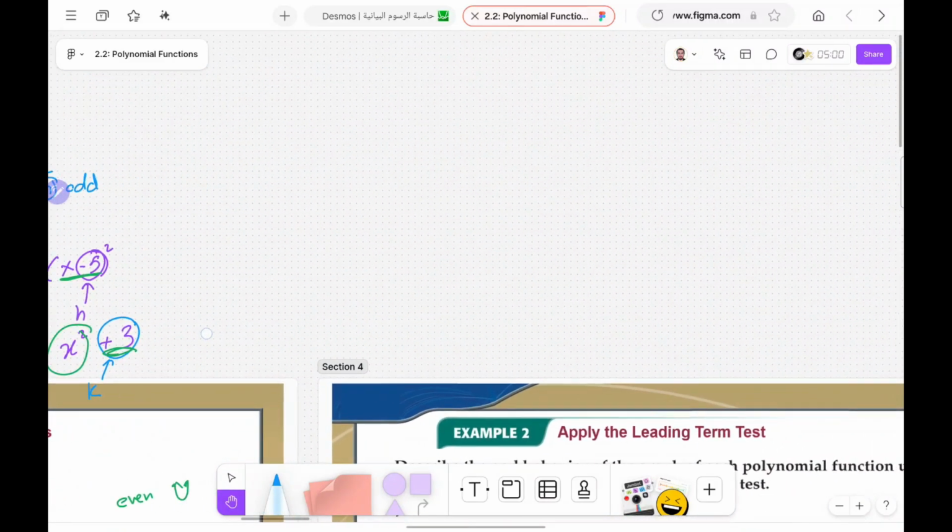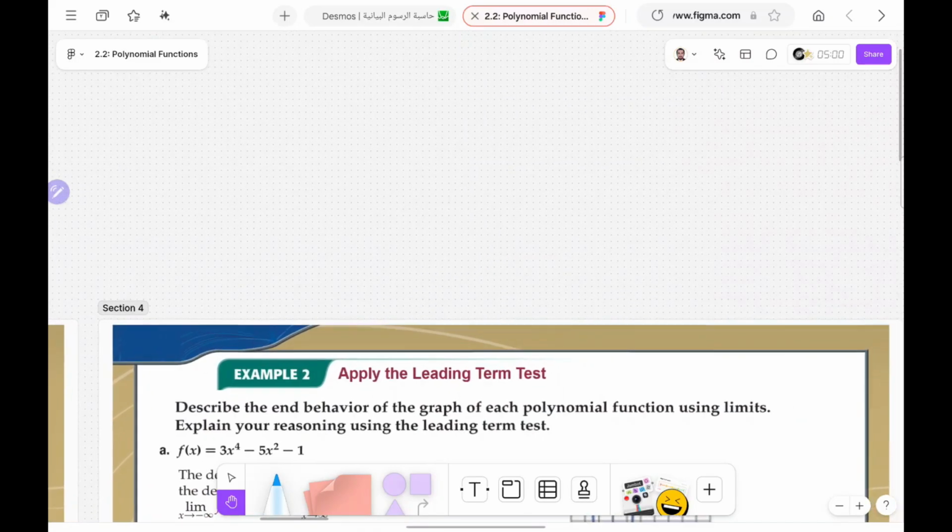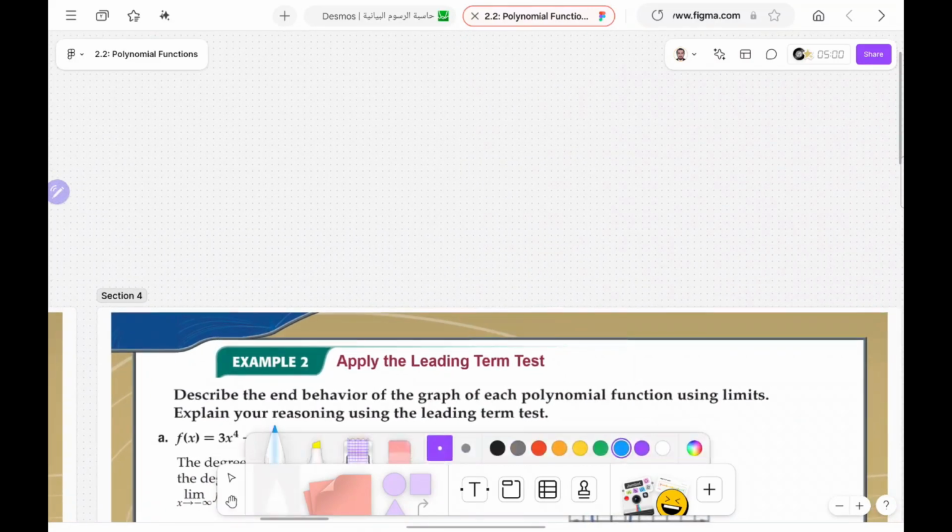Now in a polynomial function, if I have many terms, for example x to the power of 2 plus 2x minus 1, or x to the power of 4 plus 3x squared minus 2x plus 3, or x to the power of 6 plus x to the power of 4 minus 3x cubed plus 2x squared minus 1x.